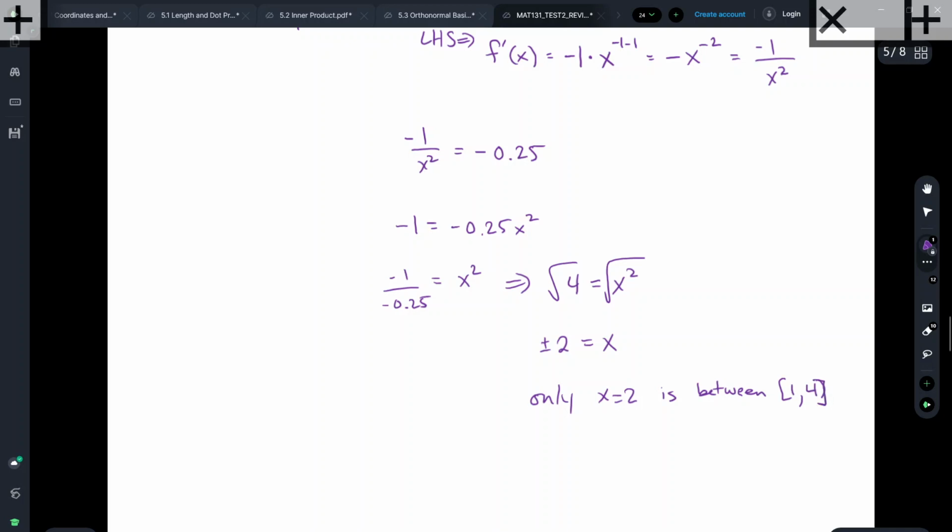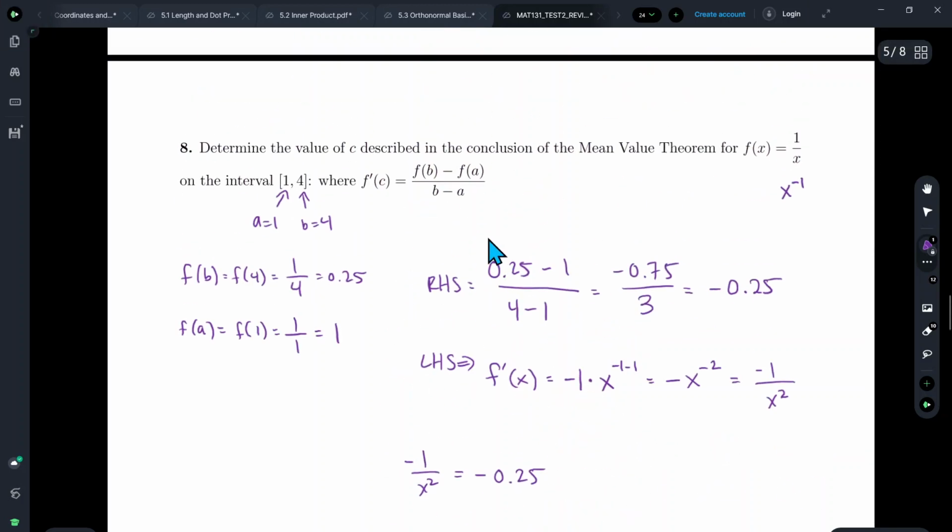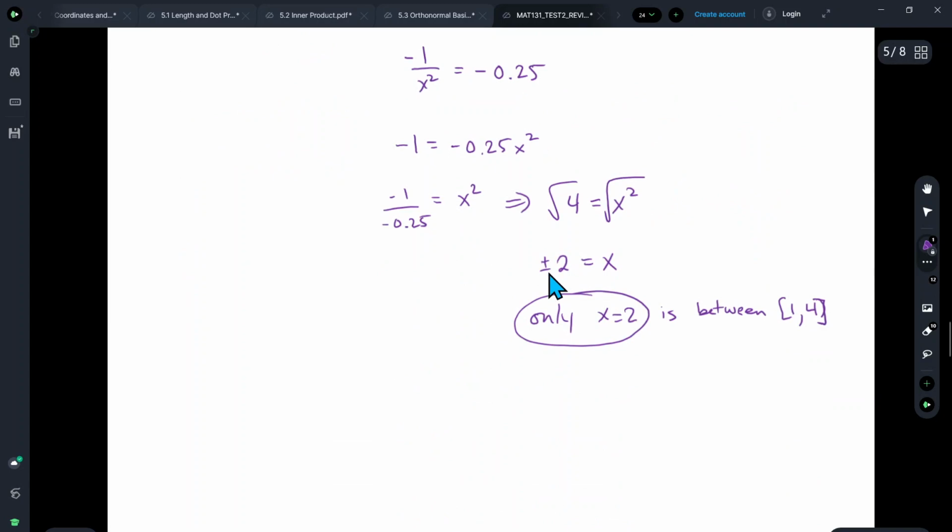So this is the value of c. So they say c, but we can just use x here. So the value of x is equal to 2.